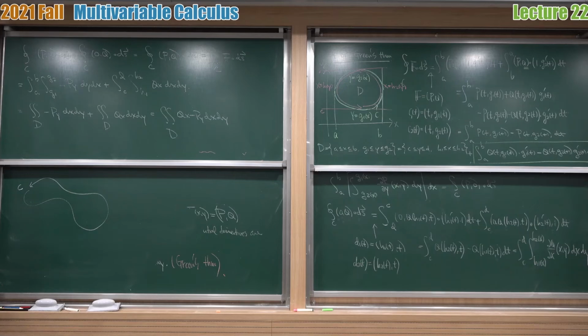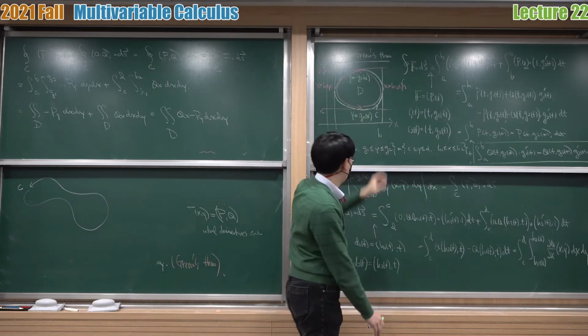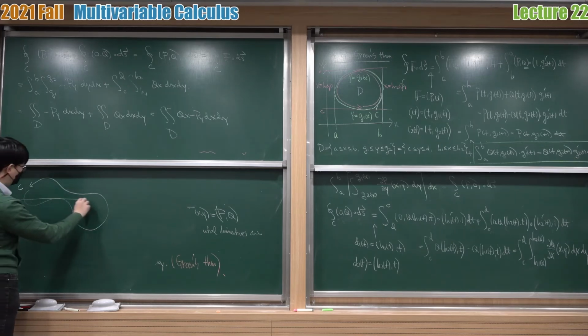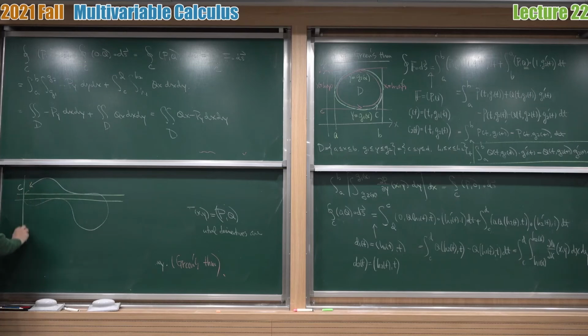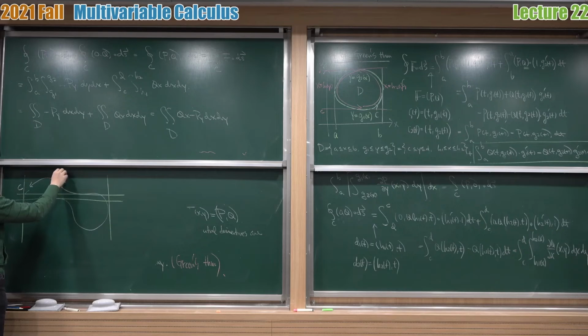But you can subdivide your curve and the domain so that each subdivision satisfies this condition. For example, let's say you pick maybe somewhere here. I think that's enough.